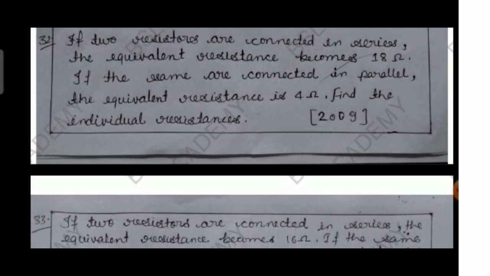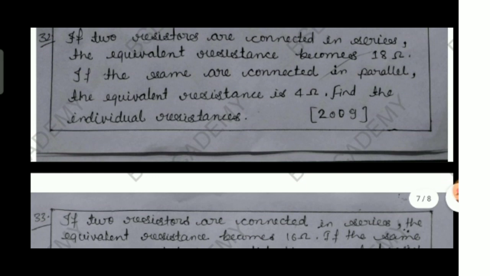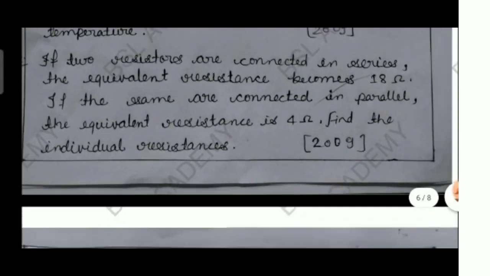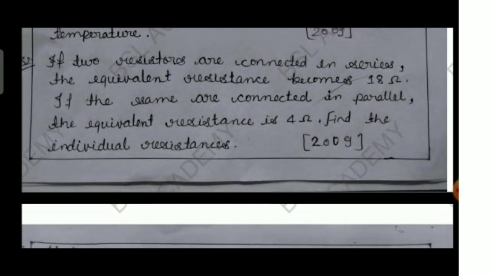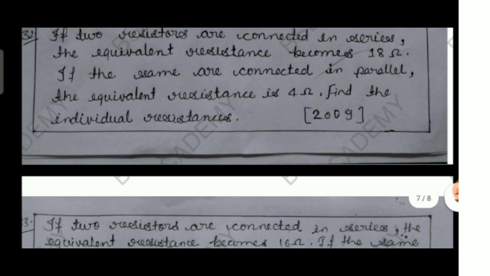If the same are connected in parallel, the equivalent resistance is 4 ohm. So find the individual resistances, R1 and R2, and this was asked in 2009.